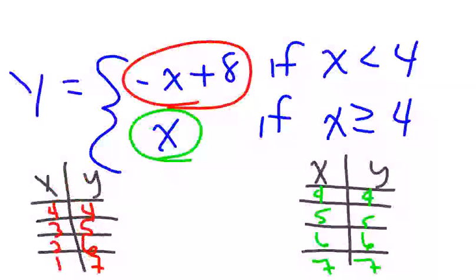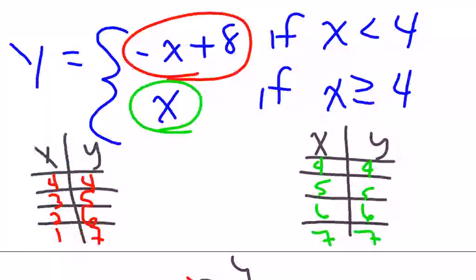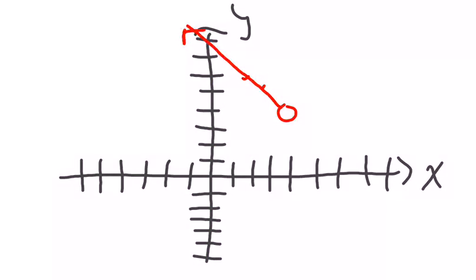So that's what that one looks like. And then the next one, we start out with 4, 4, 5, 5, 6, 6, 7, 7, and so on. So that's what this one looks like. So that would be the graph of this piecewise function.